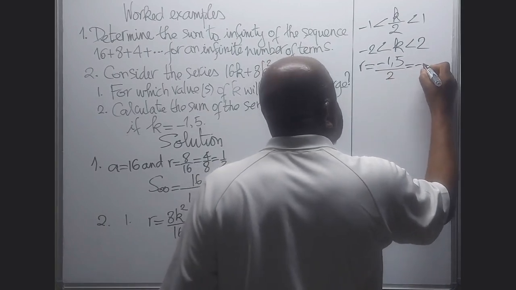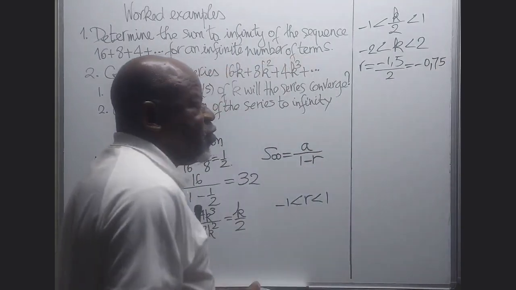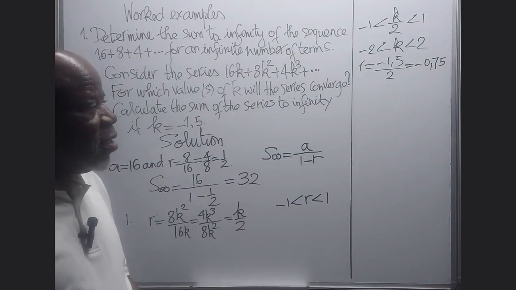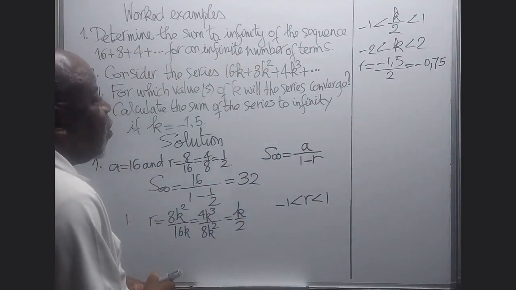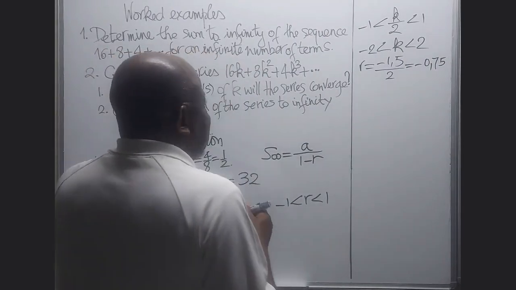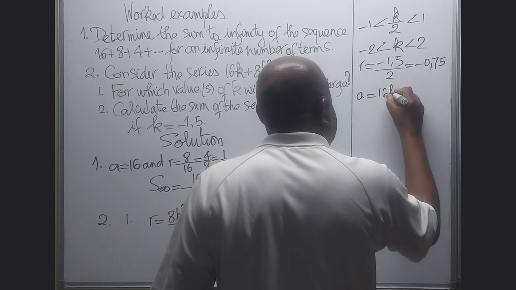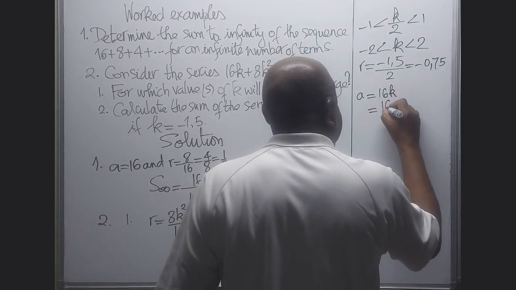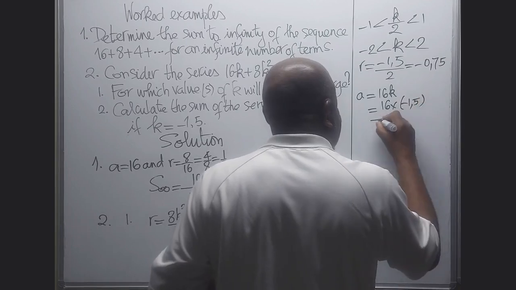And then here we'll get negative 0,75. So it's negative 3/4 if we write this as a fraction. So now we will replace here to get our first term. A will be equal to 16k. That will be 16 multiplied by negative 1,5.